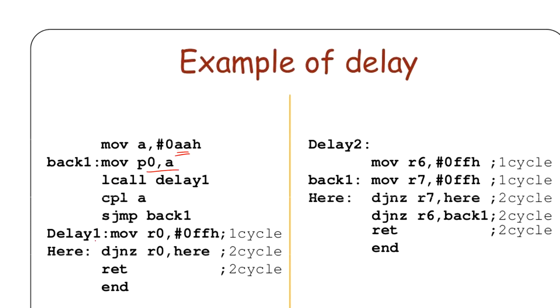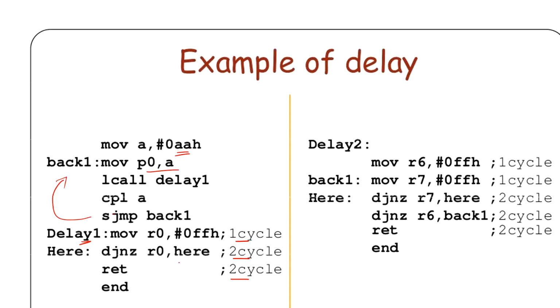I am calling the delay 1 here, then complementing that A, and that will be a continuous loop. So here, how much time is taken for your port 0 to become complemented? Let me work out the total length in machine cycles. The MOV instruction will take 1, DJNZ will take 2, and the RET instruction will take 2 cycles.